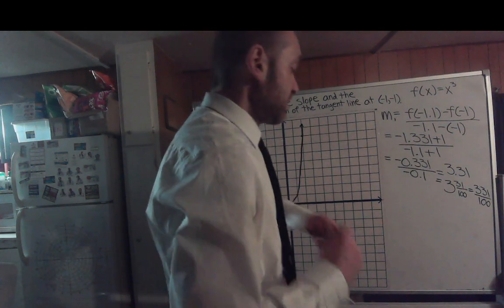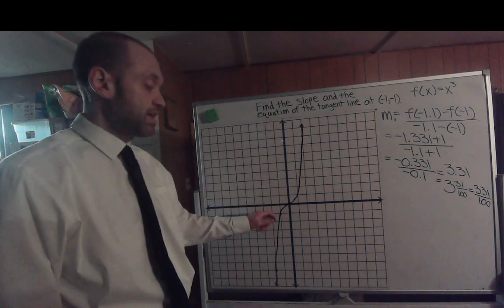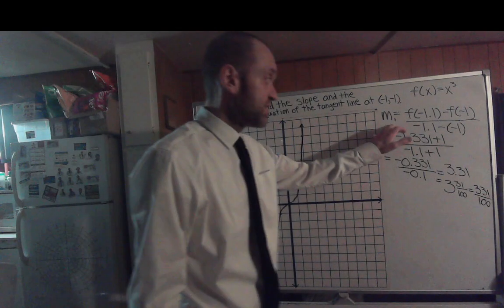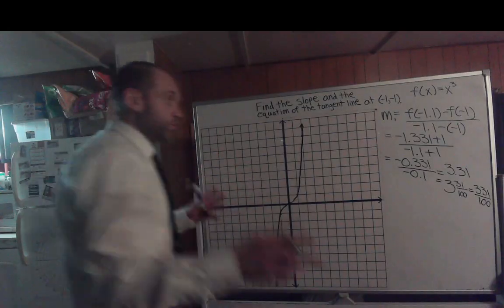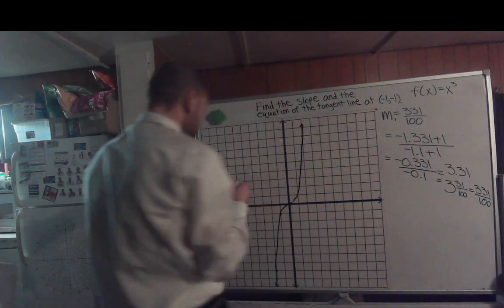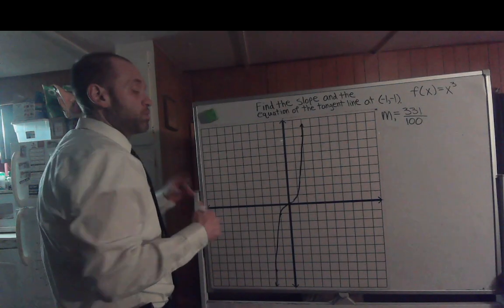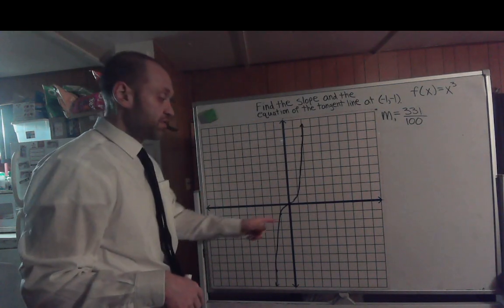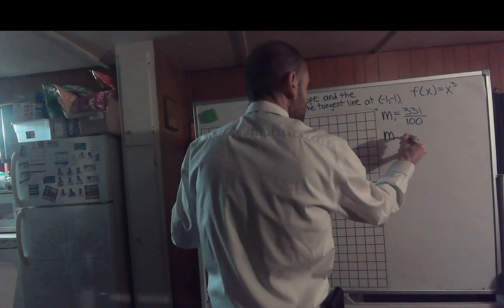So notice we're getting closer and closer to x equals negative 1. That's on the left side of negative 1. Now let's go to the right. Let me write my slope up here: 331 over 100. Now let's find another secant line. Let's go just 1/10 of a unit to the right of x equals negative 1. So that would put you at negative 0.9.